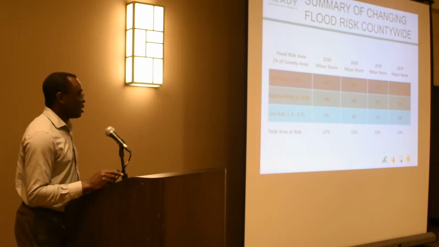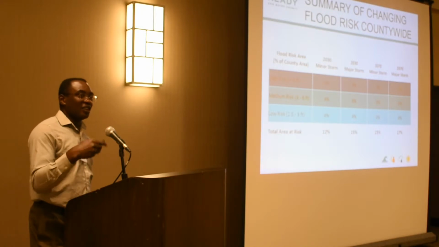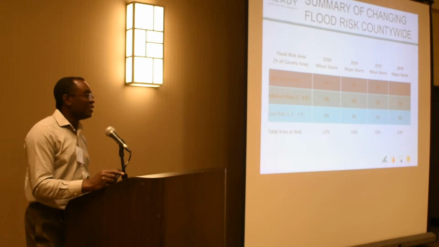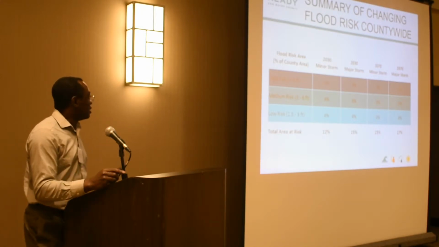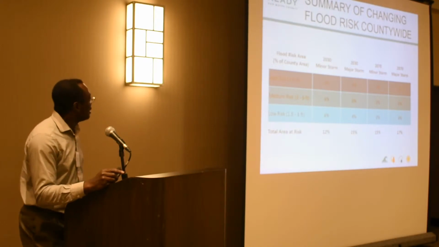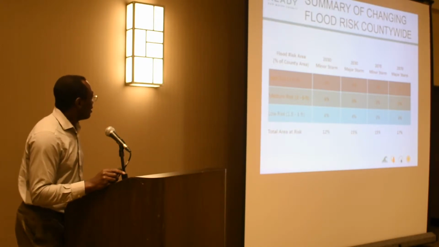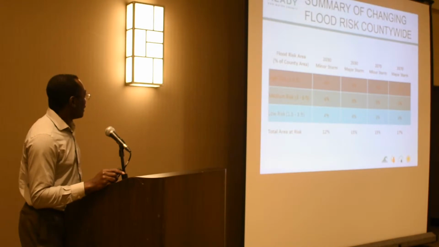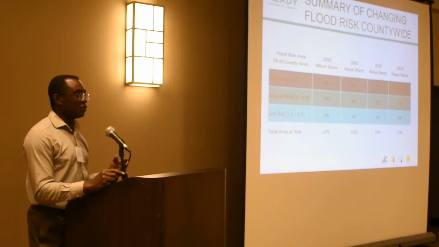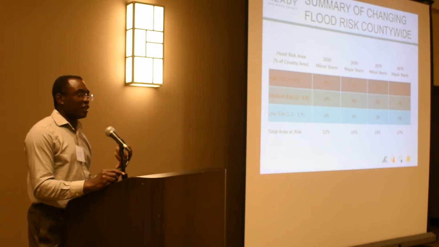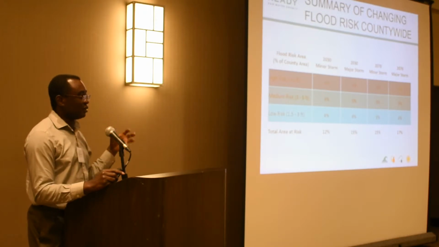This table summarizes some of the data we see over the flooding regions under the different storm types. The percentages are the percentage of the county area falling under the different categories.